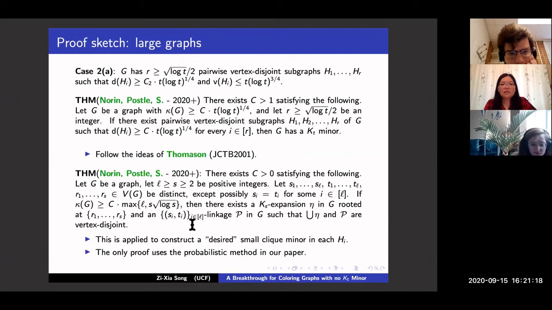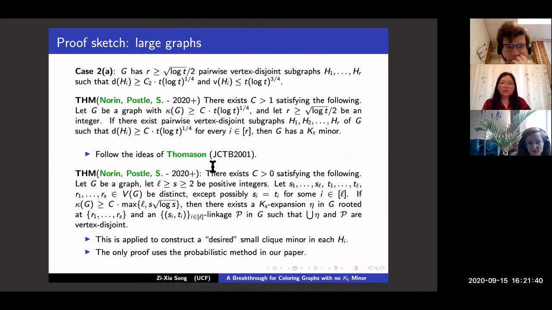And this theorem will also be used for odd Hadwiger's conjecture. I don't think this is used for list coloring. Now for odd Hadwiger's conjecture, we are looking for an odd KT minor.